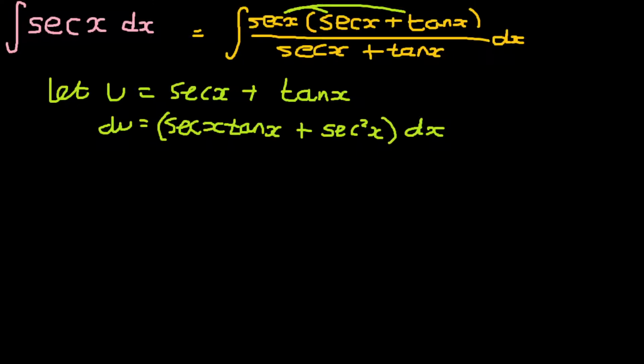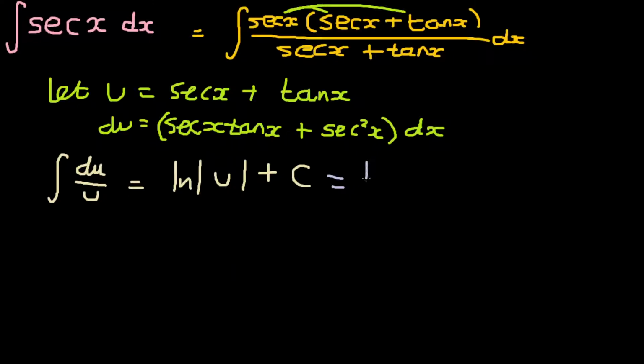So after performing this substitution, the integral simplifies quite nicely to just the integral of du over u, which is just the natural log of the absolute value of u plus an arbitrary constant of integration. This is the first method.